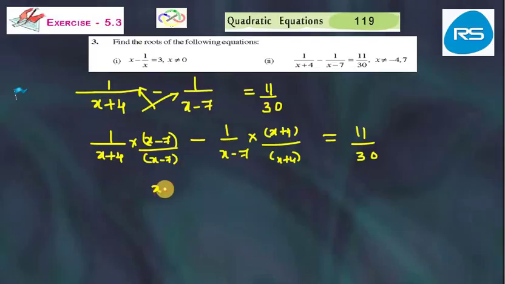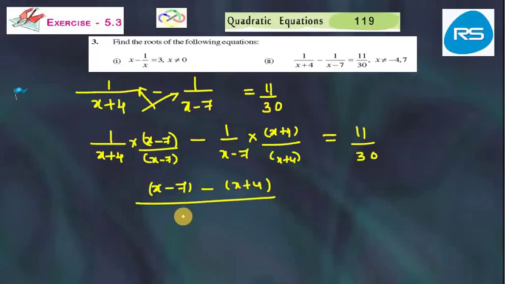So you are getting x minus 7 minus of x plus 4 by... So why did I subtract directly? Because the denominators are the same here. I can add or subtract the numerators directly. I have directly done the subtraction.